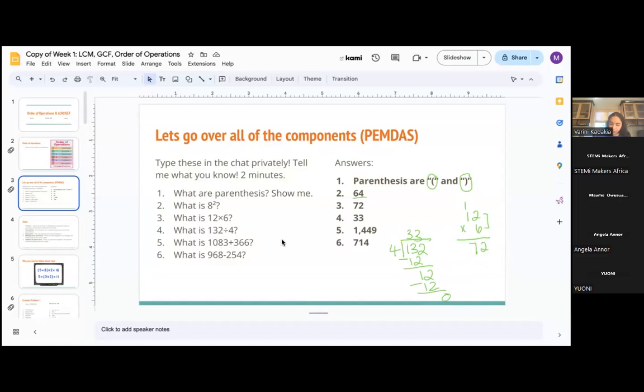And then for number 5, it'd be 1083 plus 366, which gives 1449. And then 968 minus 254: 8 minus 4 is 4, 6 minus 5 is 1, 9 minus 2 is 7, so you get 714.